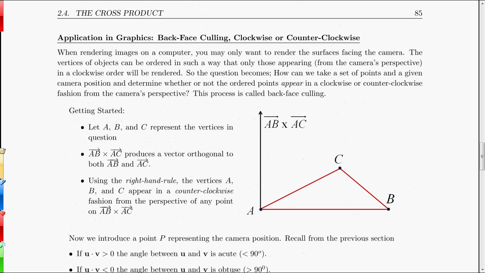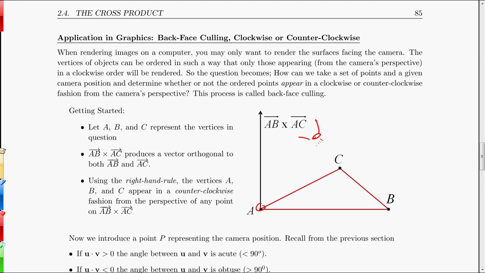It's thought about like this: if you have all these objects in your 3D world, and you have a camera position, maybe this is your camera right here looking out that way, you want to know which objects you should render and which you should not. One method, called backface culling, says you render the object, maybe it's a building, if the corners or the vertices of the object lie in a clockwise or counterclockwise fashion; you can choose whichever one.